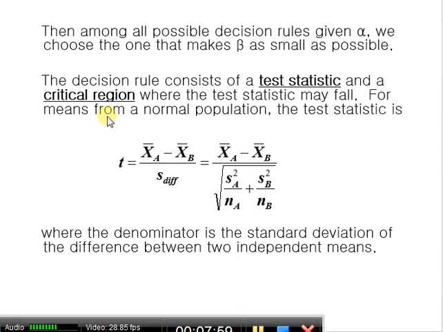For means from a normal population, the test statistic is t equals x bar A minus x bar B divided by s, where the denominator is the standard deviation of the difference between two independent means.